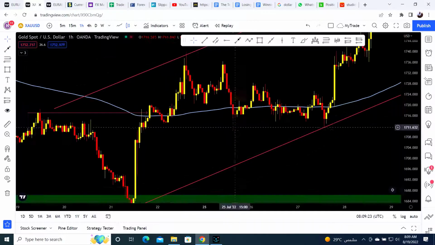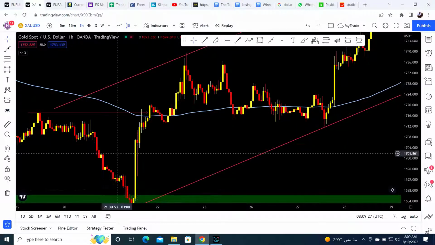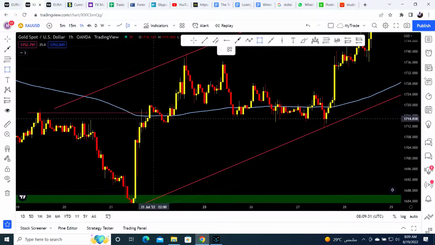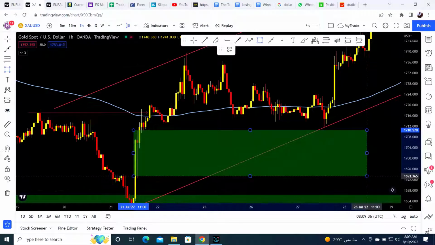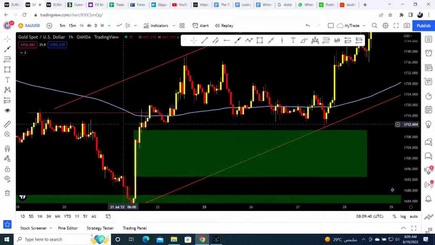Now, when you look at this impulsive leg over here, as price moved, it left this bearish candle here. I have done a lot of back testing to understand that most often when price leaves something like that, it comes back to test it before going.